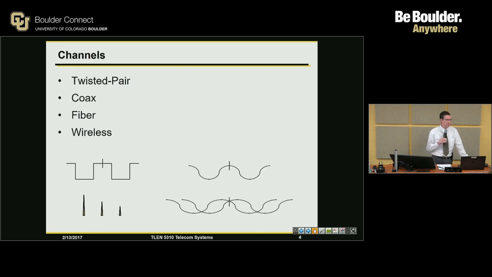Then we've got fiber. Fiber's great because it's very immune to noise. The challenge with fiber is that the electronics on the end are a little bit more complicated. And the biggest challenge with fiber is we don't have it all over the place. It's only in certain places.